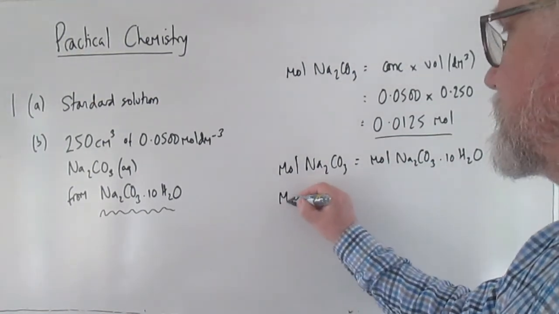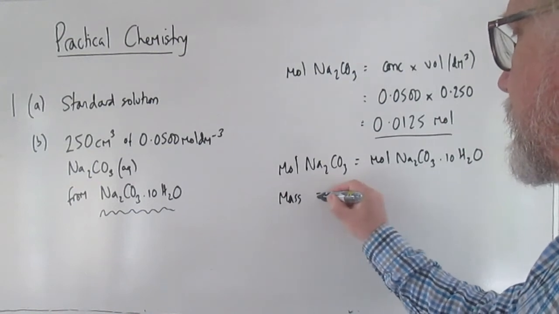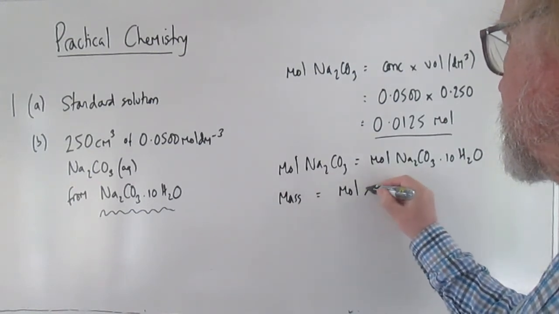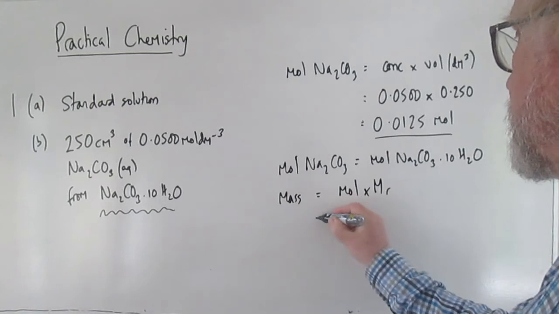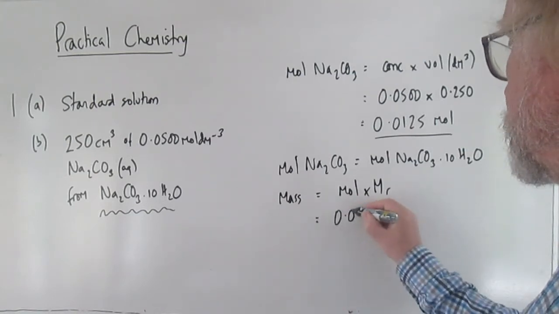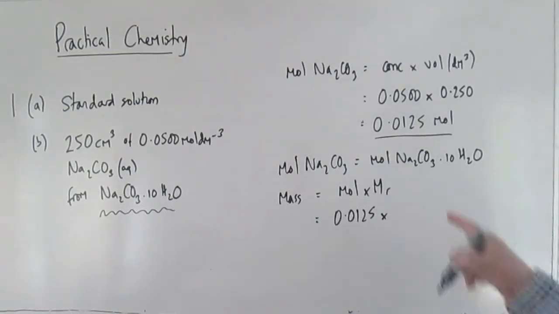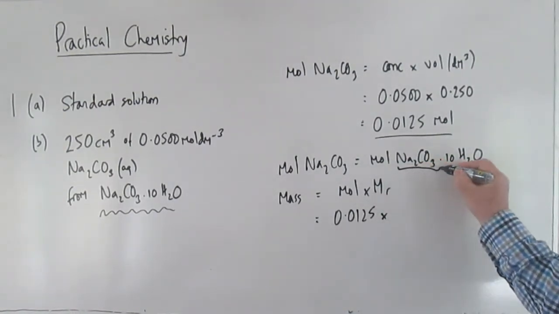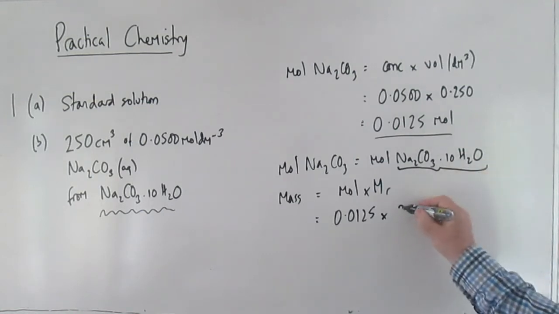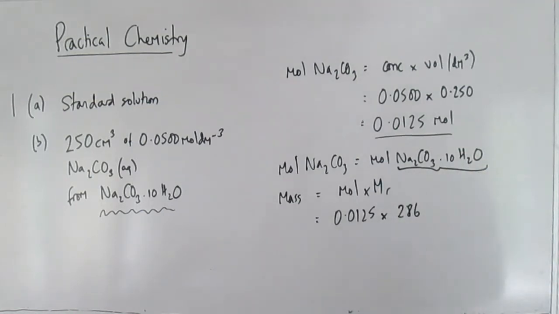Okay, so mass is equal to moles times MR, which is 0.0125, we've just worked out, times the MR of the whole of that, including the 10 waters, which is 286.